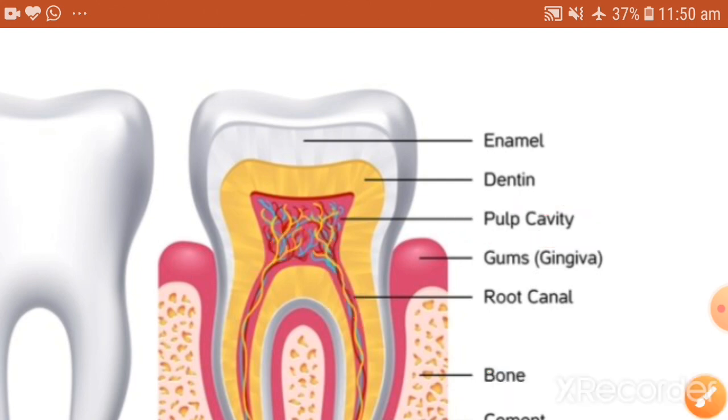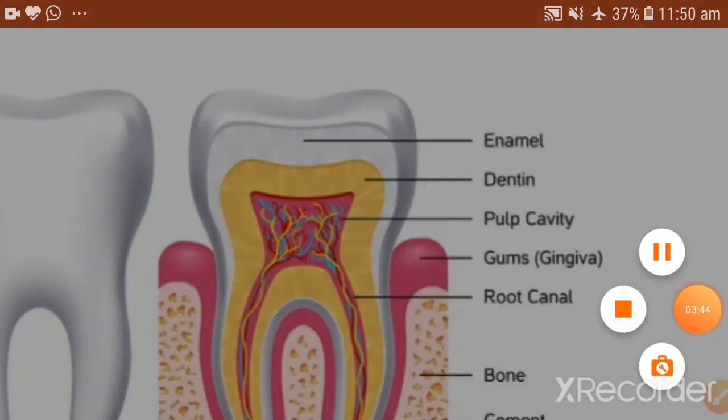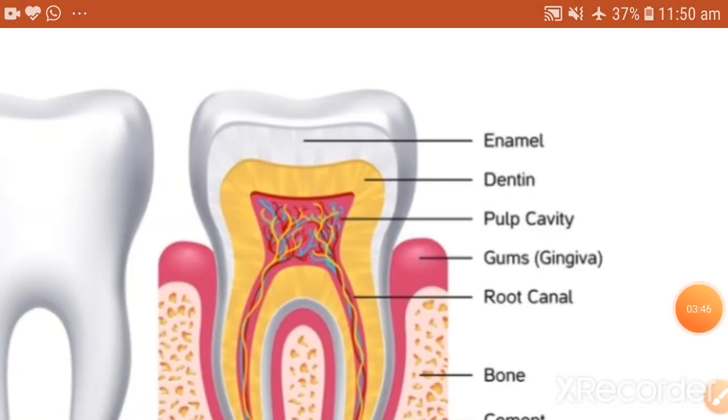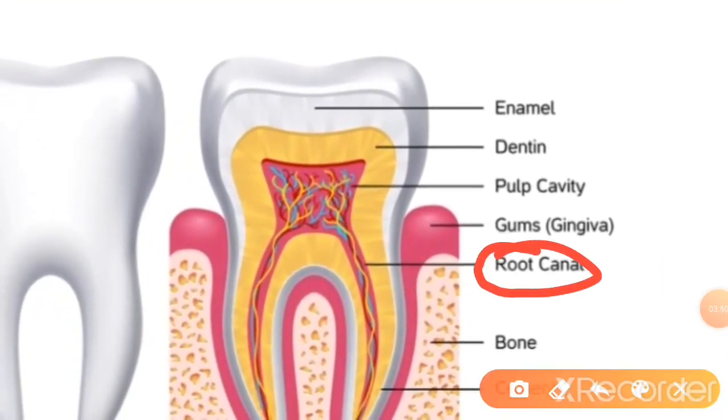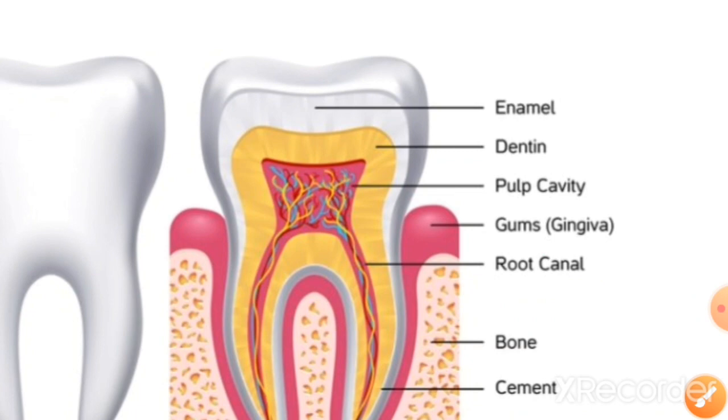These are the different regions of the tooth. Then we have the root here. This root is the lower part of the tooth which is fixed in the jaw and is surrounded by a thing known as the cement. You can see the cement here.